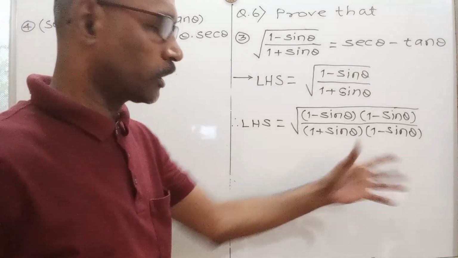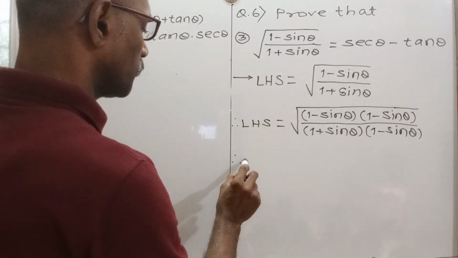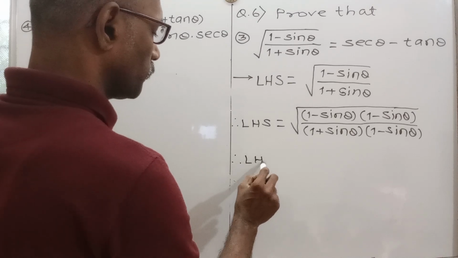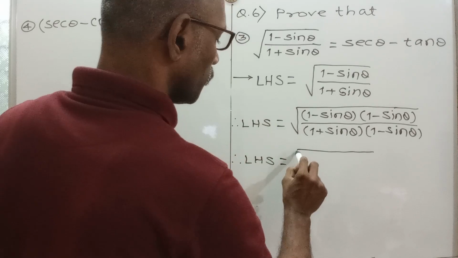This is the conjugate pair of the denominator.